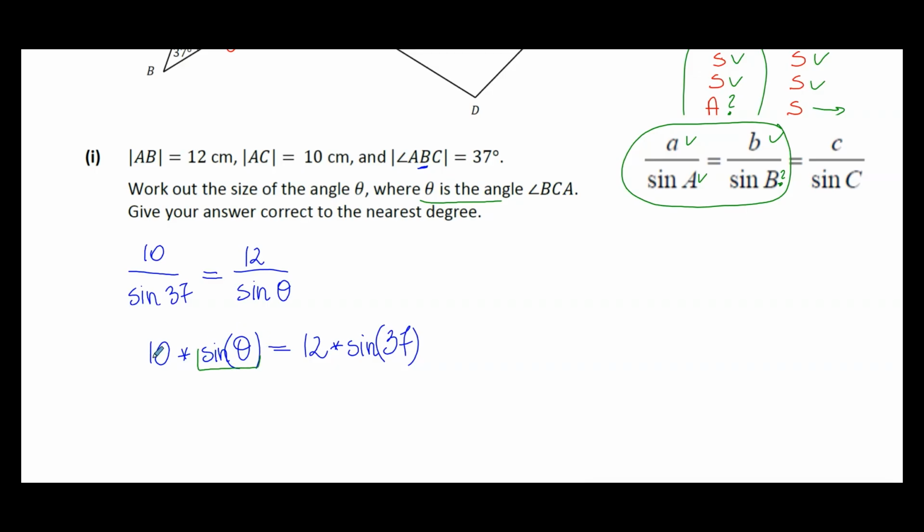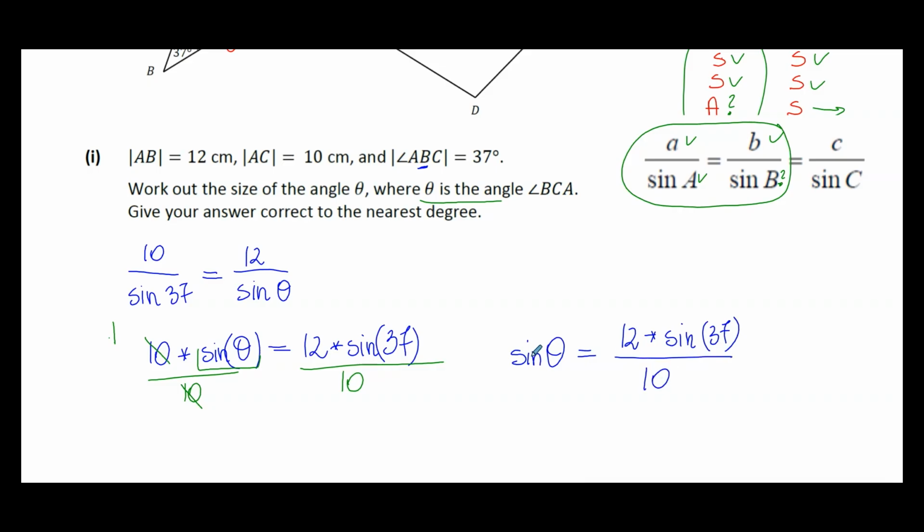We don't want that to be multiplied by 10. How do we eliminate multiplication? Always the same, we divide, and we divide both sides of the equation, because 10 divided by 10 is 1. 1 multiplied by sin gives me sin of theta. And then we can put the other side in the calculator, or we can leave it in this form because that's not yet the final answer.